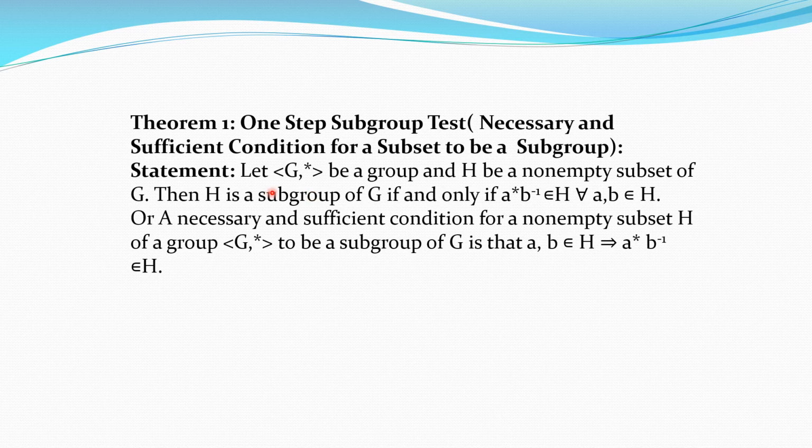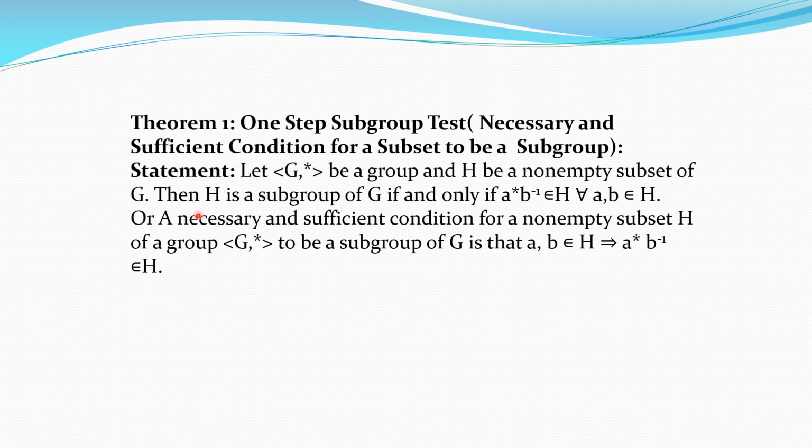Let (G, star) be a group and H be a non-empty subset of G. Then H is a subgroup of G if and only if a * b^(-1) is present in H for all a, b belonging to H. That is, a necessary and sufficient condition for a non-empty subset H of a group (G, star) to be a subgroup of G is that a, b in H implies a * b^(-1) belongs to H.